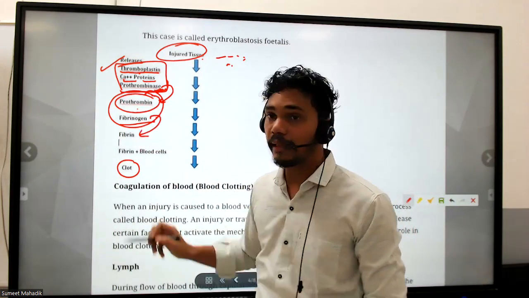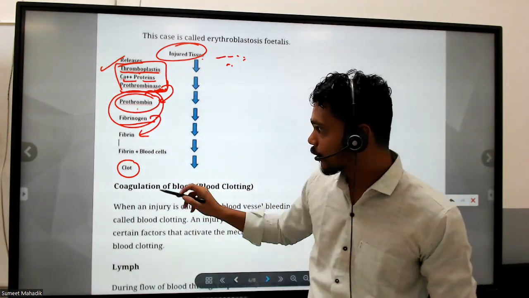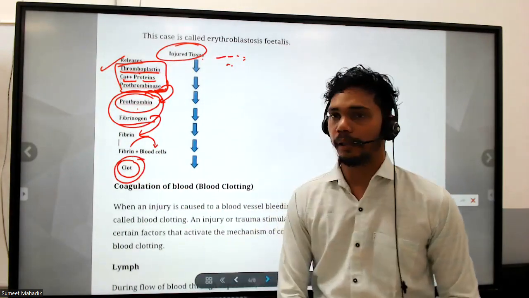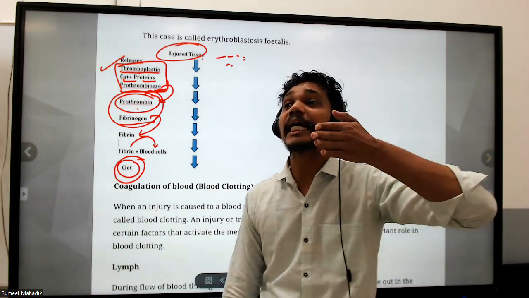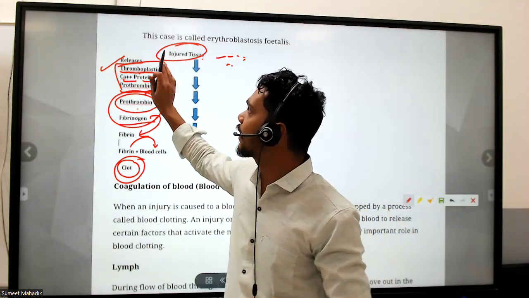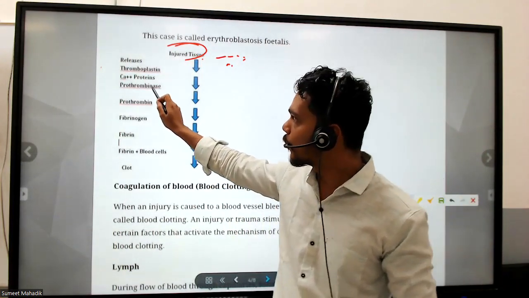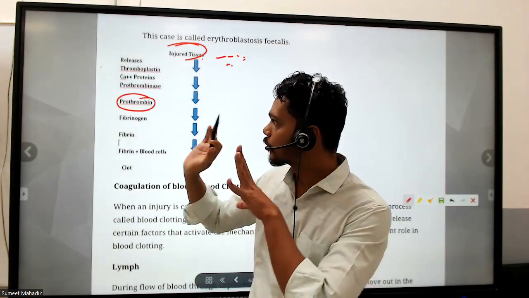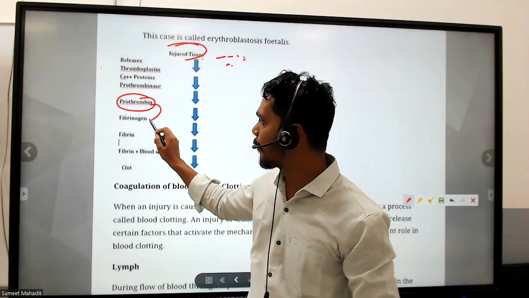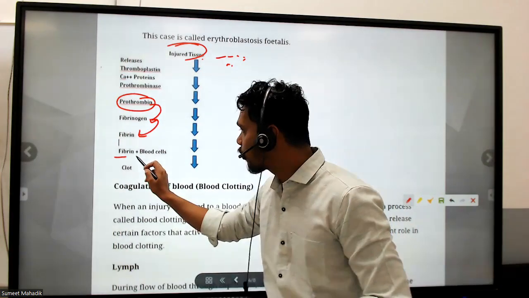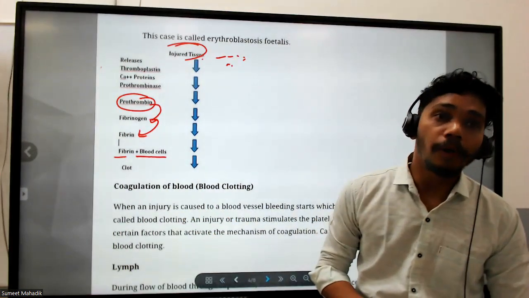Fibrinogen triggers the fibrin molecules, and fibrin along with the blood cells forms the clot. Are you getting my point? This is a cascade mechanism. Who gets activated first? Thromboplastin, calcium, and prothrombinase. Prothrombinase activates the prothrombin. Then fibrinogen is activated, then fibrin, and fibrin along with the blood cells forms the clot.